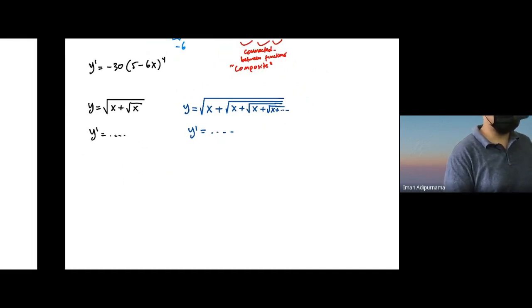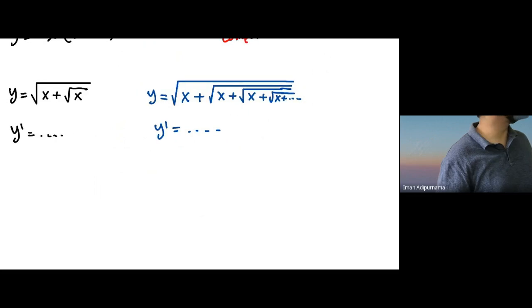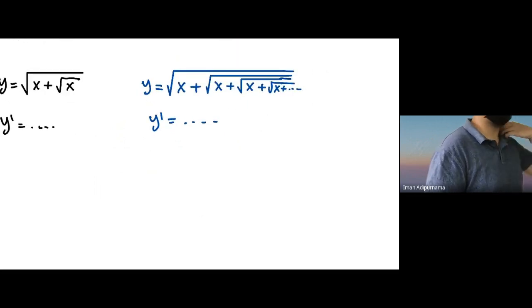Okay, so the second one here, of course, seems intimidating. So you have the square root of x plus square root of x plus square root of x plus, and then it continues to an infinite number of x.